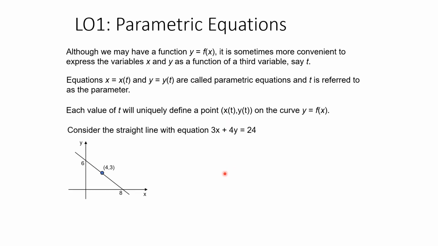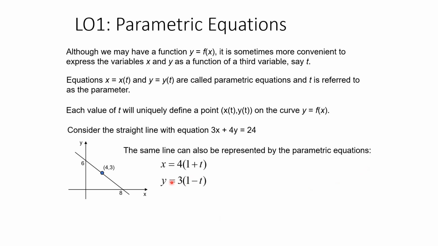So each value of t will uniquely define a point or represent the value of x and y on a curve. So for example, if you consider the straight line equation as stated, then this is how the line is drawn. You represent it with a set of axes, x and y, and the same line can also be represented by the parametric equation. So for example, say you write x in terms of t and y in terms of t. This is what is meant by two different parametric equations.